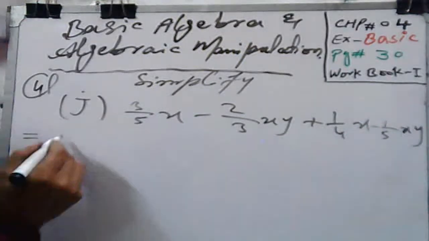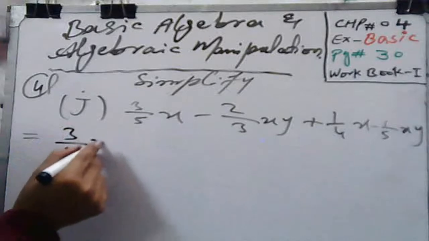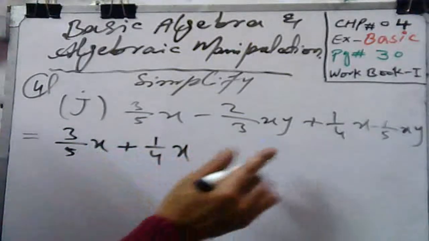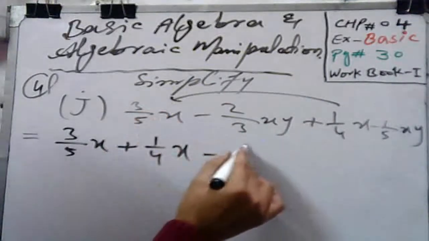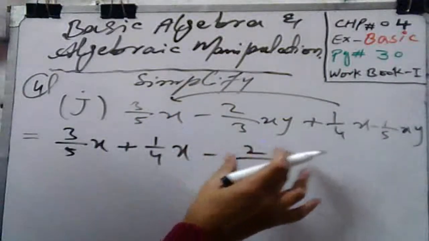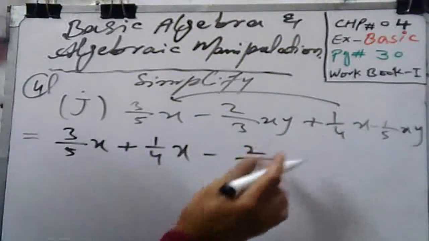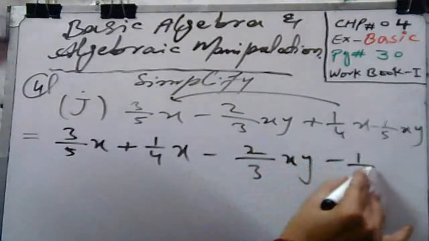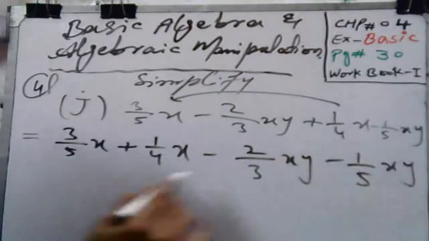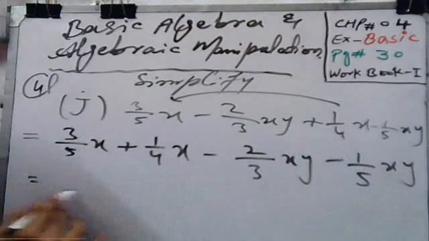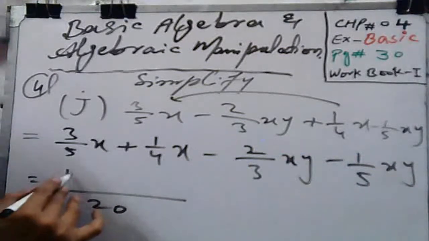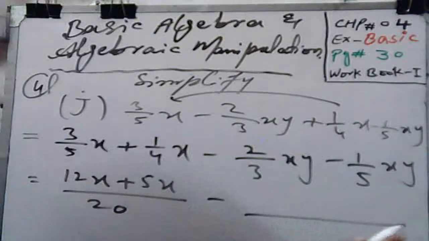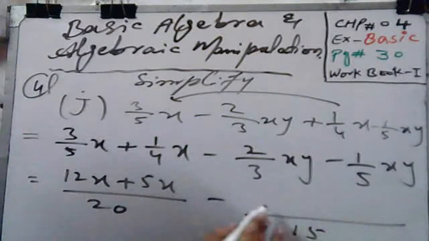So xy terms should be written at one side. You can see 3 by 5x and plus 1 by 4x, written together as homogeneous terms, and 2 by 3xy minus 1 by 5xy. Now solve again. LCM is 20: 4 threes are 12x, 5x.